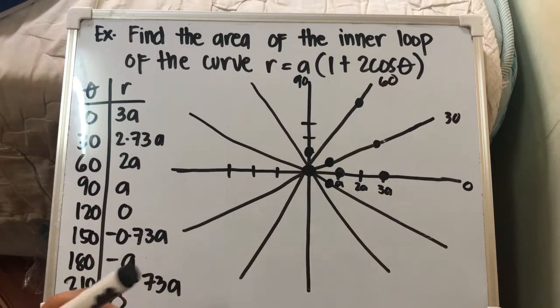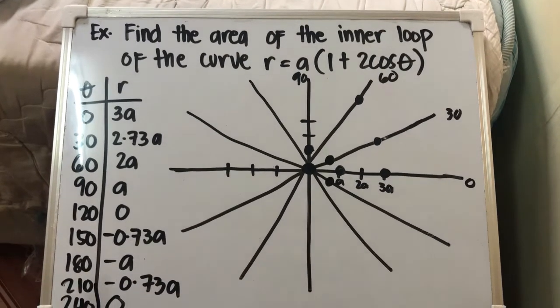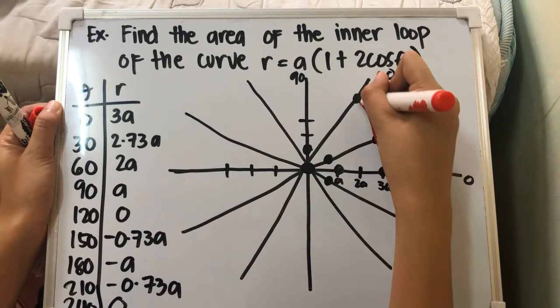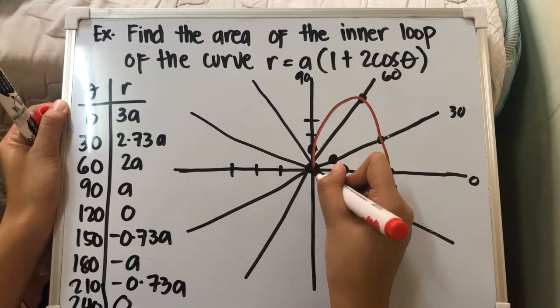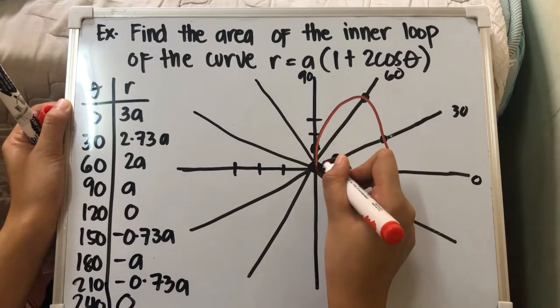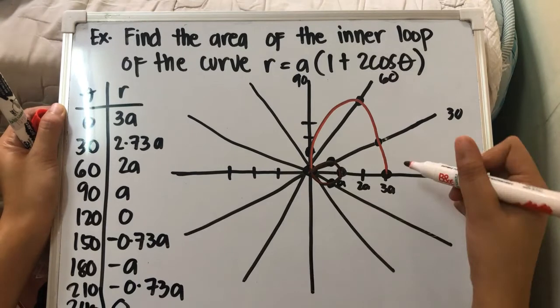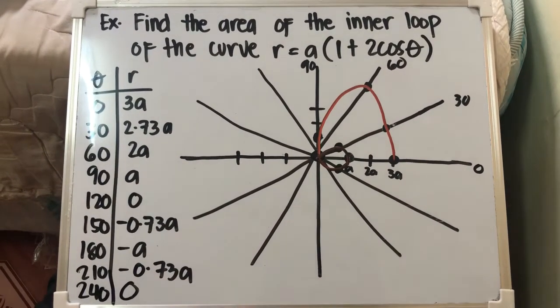So meaning to say, if we try to connect our points here, it is from here going down, and then there's an inner loop which is this one. But we need to enclose the outer loop first, so this substitution will still continue.